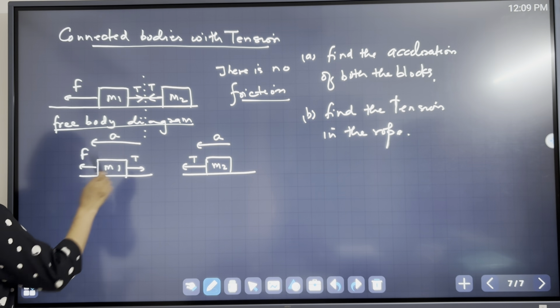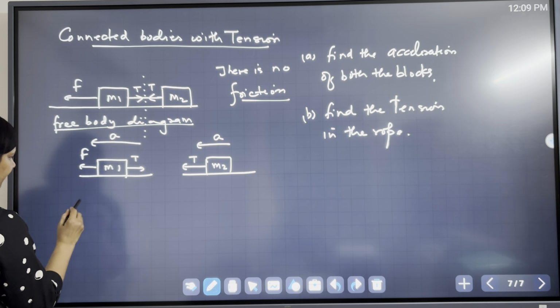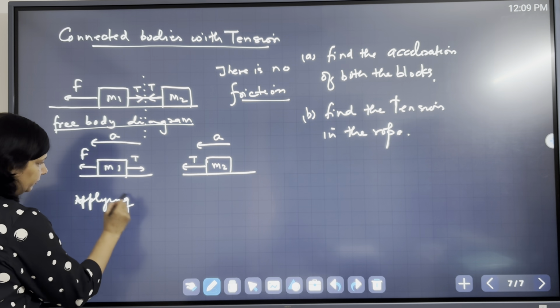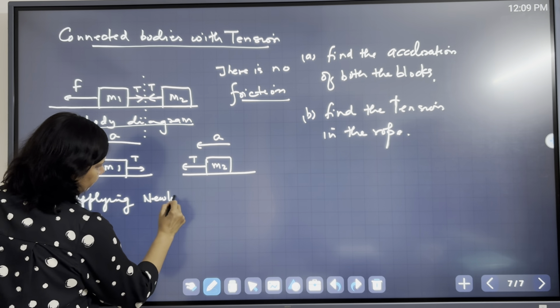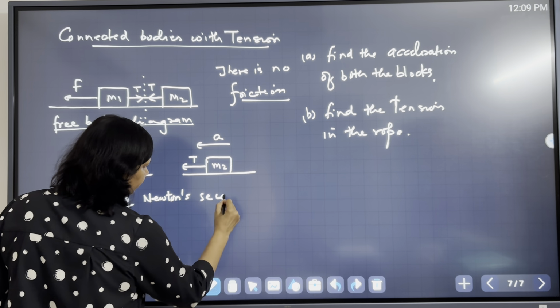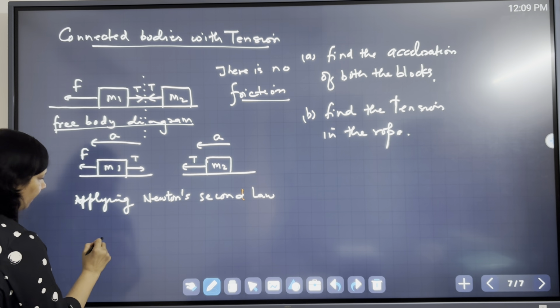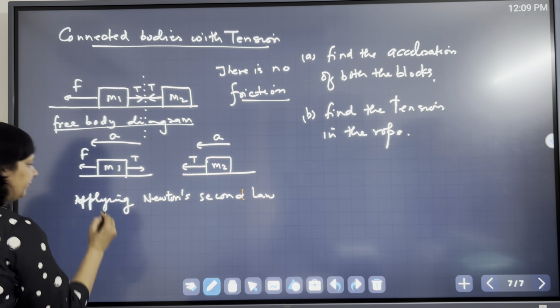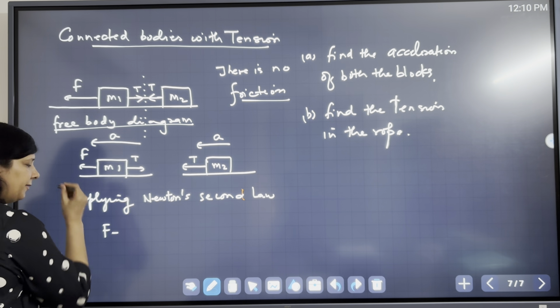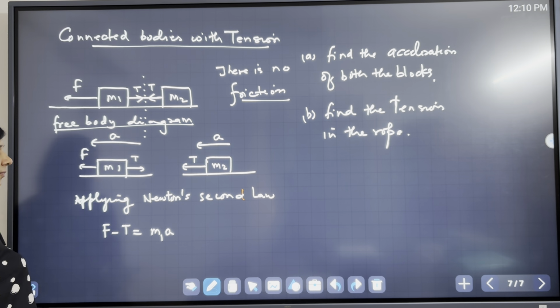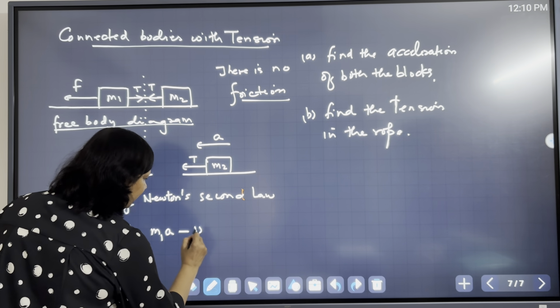Okay. Now applying Newton's second law on mass M1. It is moving towards left, so net force is towards left. F minus T is equal to M1 into A, correct? Equation number 1.